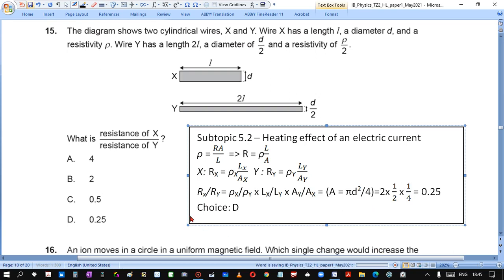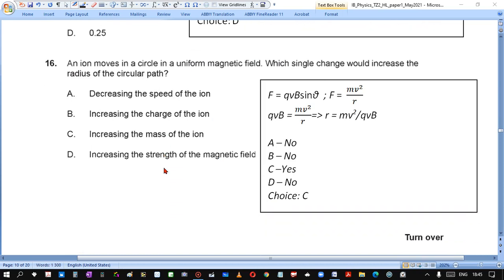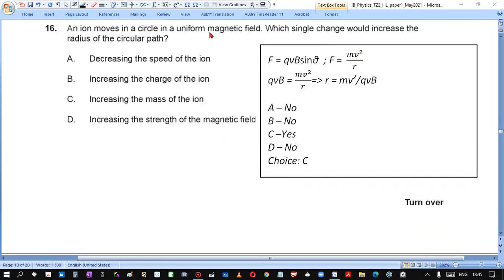Right, Question 16. An ion moves in a circle in a uniform magnetic field. Which single change would increase the radius of the circular path? So, a formula for force, formulas for centripetal force from booklet. They're equal. So rewriting for radius, we see that to increase the radius, we can only increase the mass.